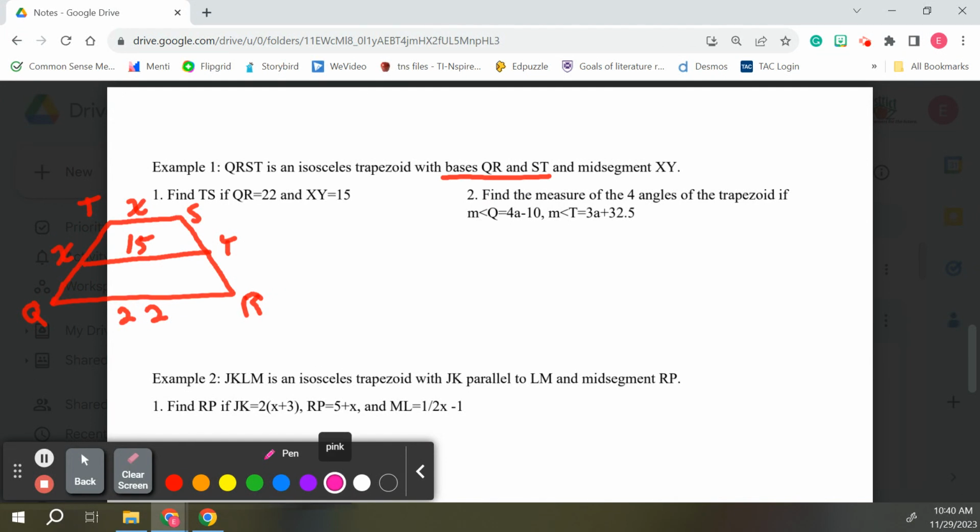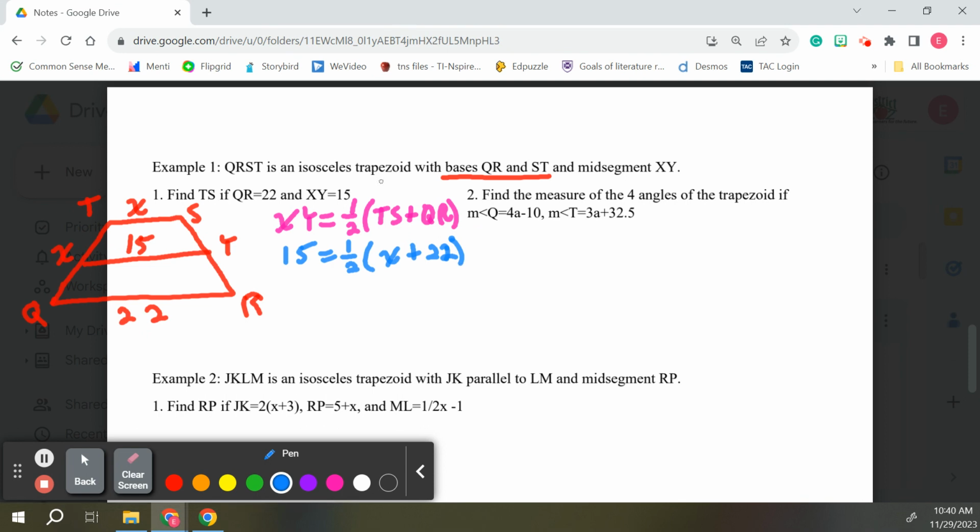So if I look at this, I'm going to say that XY is equal to 1/2 times TS plus QR. XY is 15. TS I labeled as X and QR I labeled as 22. Now I want to eliminate this fraction. We don't like fractions, right? How am I going to do that? What do I do to both sides of this equation to get rid of the 1/2?